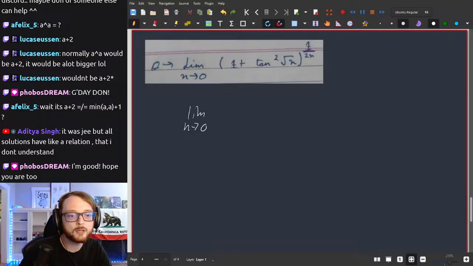Also, you're saying you can't use L'Hopital's, it's just not allowed? Because L'Hopital's, I think, does work. Yeah, L'Hopital's applies. One to the infinity is indeterminate.